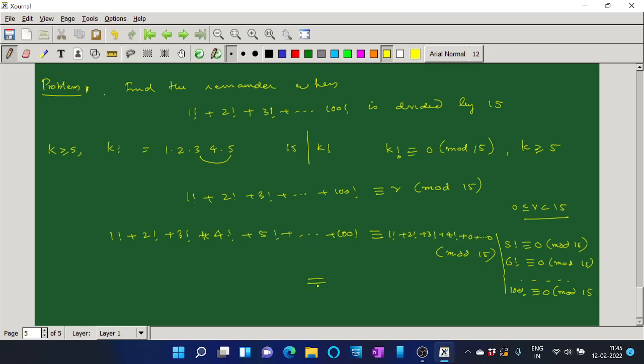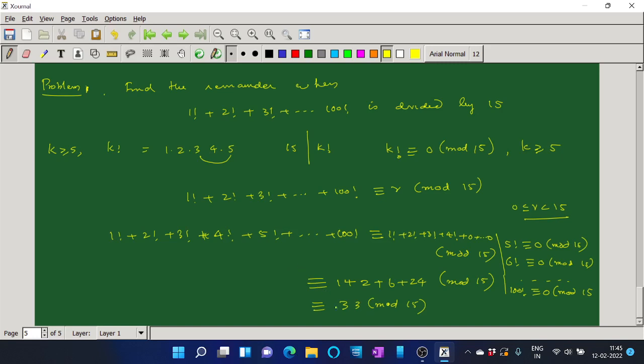And therefore, this is congruent to only 1 factorial, that is 1, plus 2 factorial, that is 2, plus 3 factorial, 6, plus 4 factorial, 24, plus 0, so only this, mod 15. That is congruent to 1 plus 2 is 3, plus 6 is 9, plus 24 is 33, so congruent to 33 mod 15.